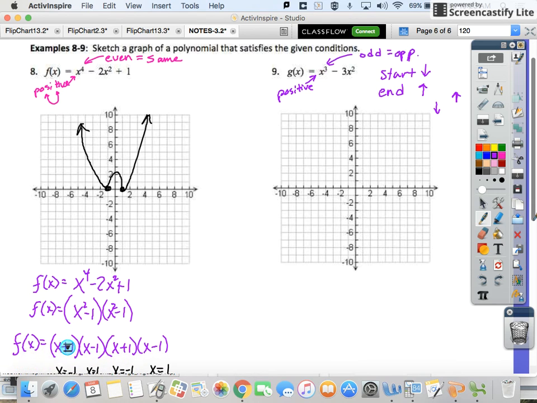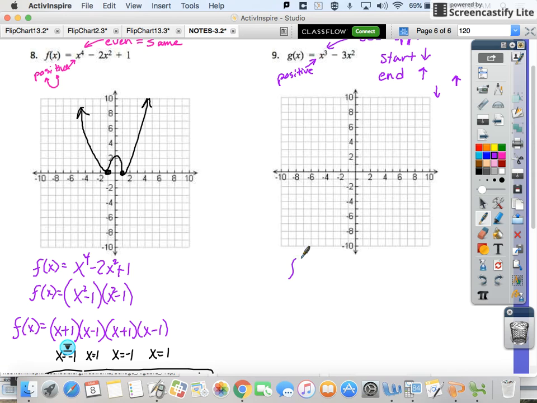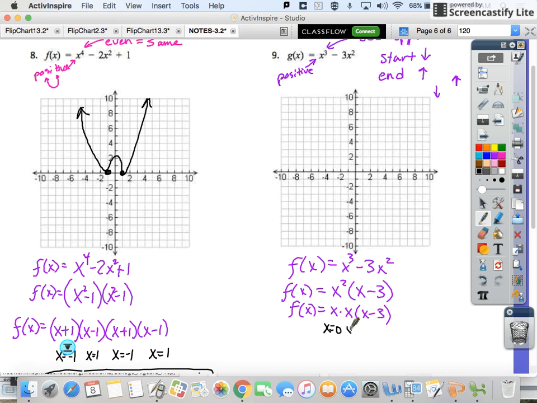So when we factor this, we're going to have f of x equals x cubed minus 3x squared. What we can pull out is an x squared from both. So we've got x minus 3 left. So what we know is that for this one, x equals 0, x equals 0, and x equals 3.